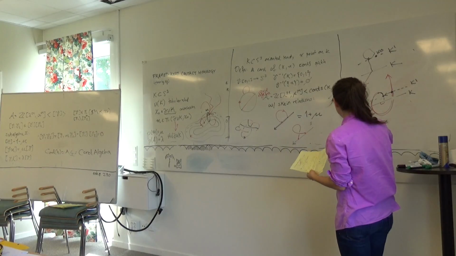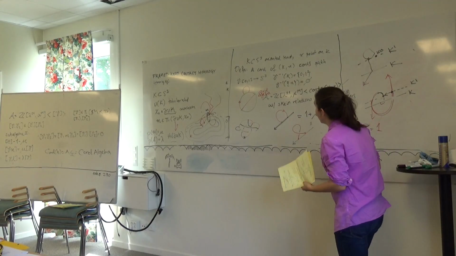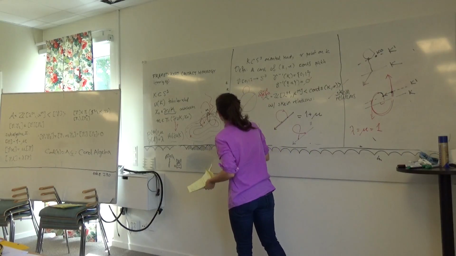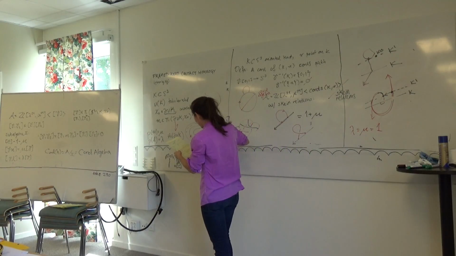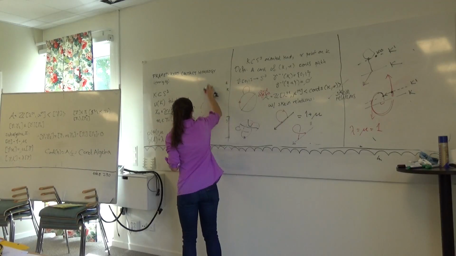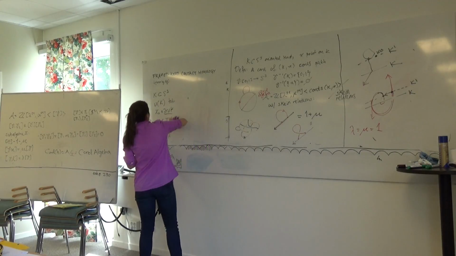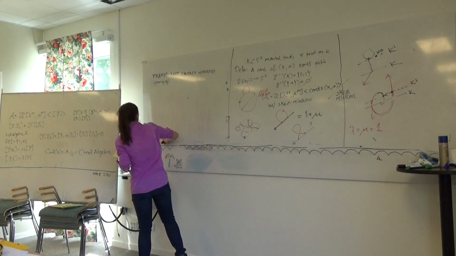And then, in order to show that H0, the degree 0 contact homology, is a chord algebra, we have to consider arcs.